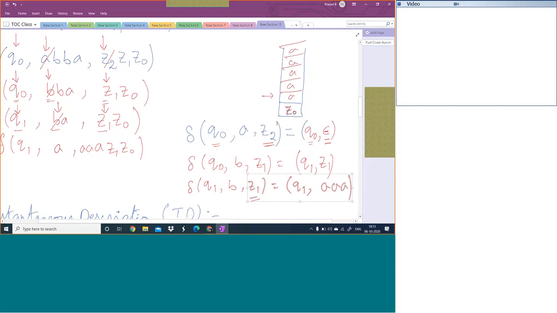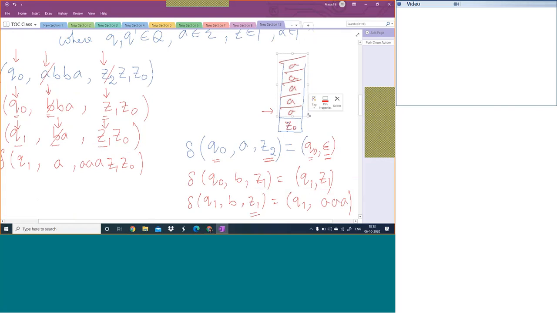So finally, what I want to say is, suppose these are the symbols in the stack: Z3, Z2, Z1, Z0. There are four symbols in the stack.